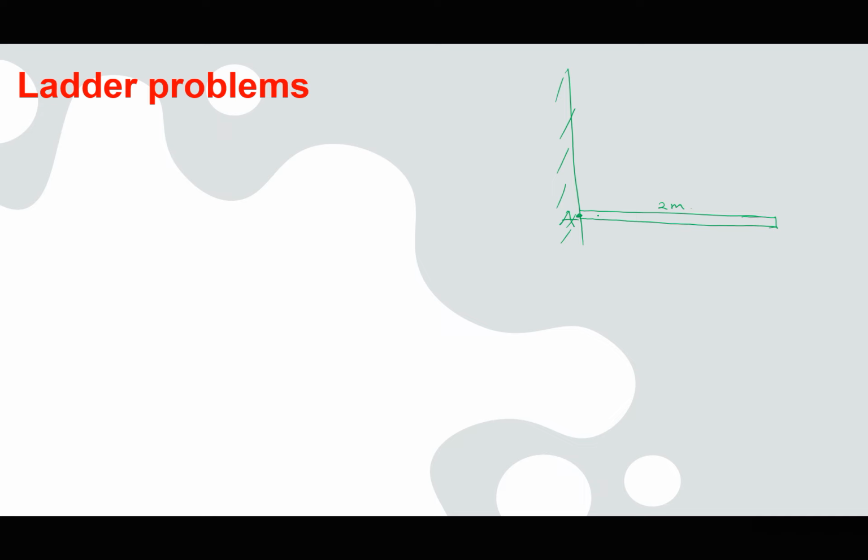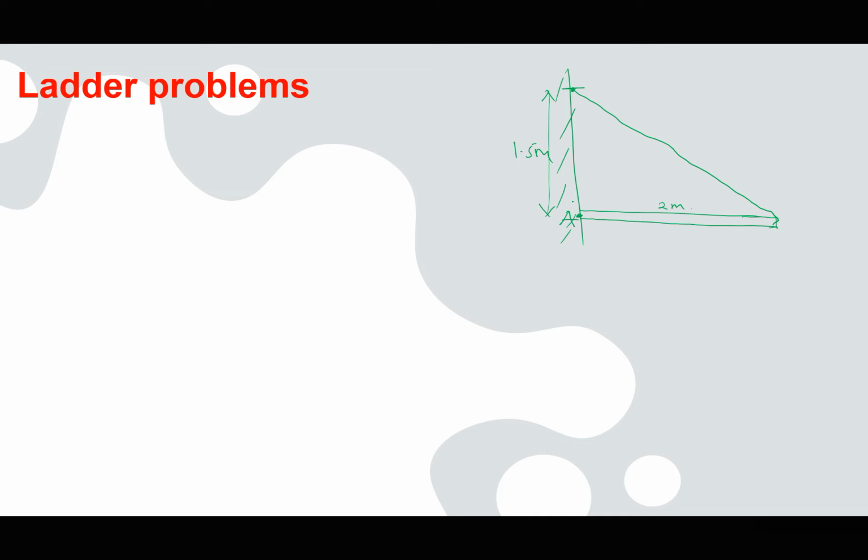The beam was, I think, maintained horizontal by means of a chain attached to a point 1.5 meters vertically above A. So this distance was given as 1.5 meters. So the other end is at a point of 1.5 meters above point A. So that is the chain.